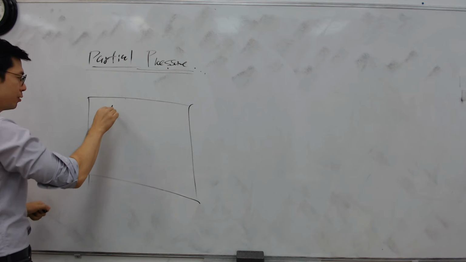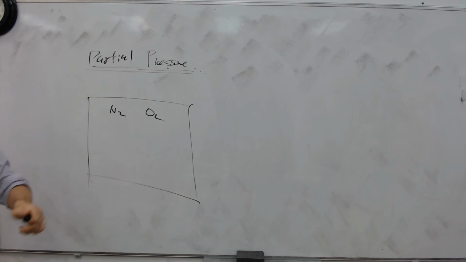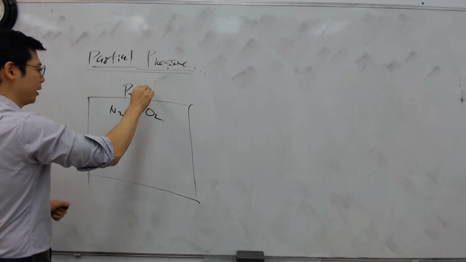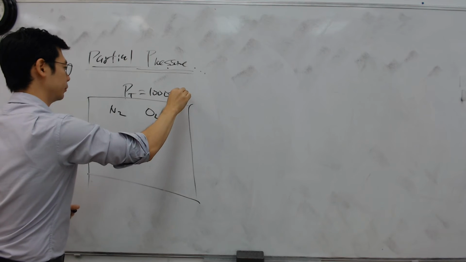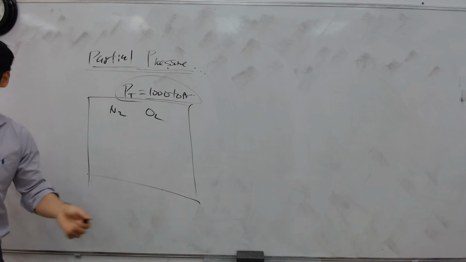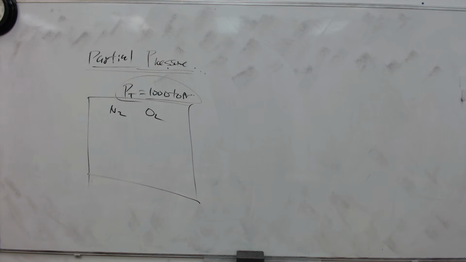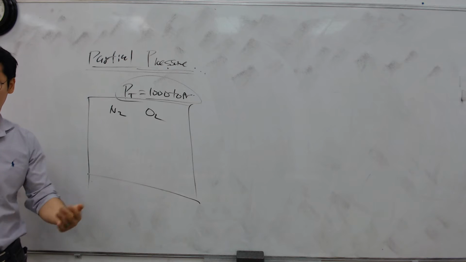Partial pressure is something like this. You have a container with, for example, N2 gas and O2 gas, ideal gases. Let's say the total pressure is equal to 1,000 torr. Let's do something simple here.